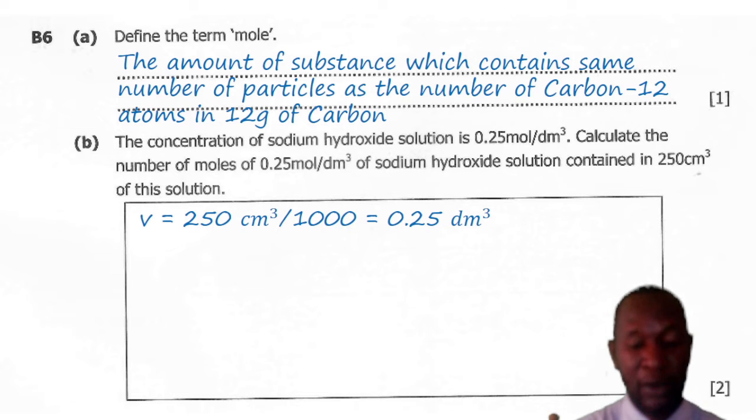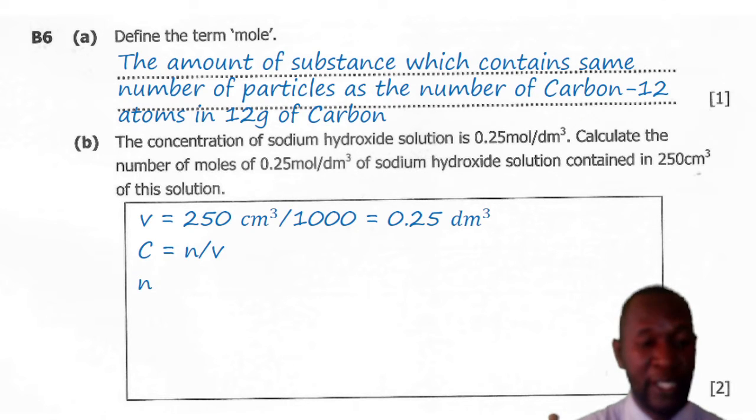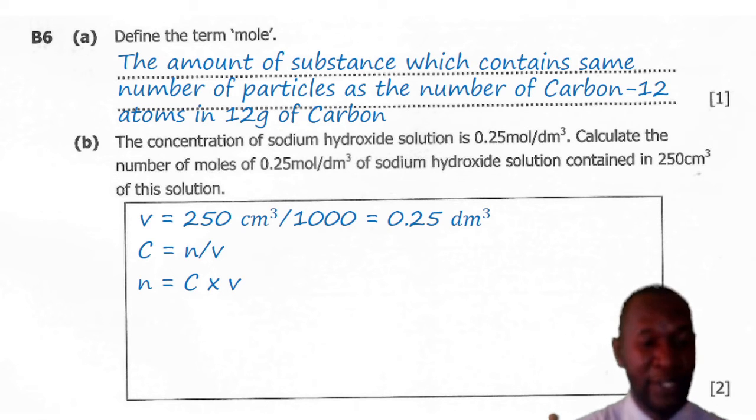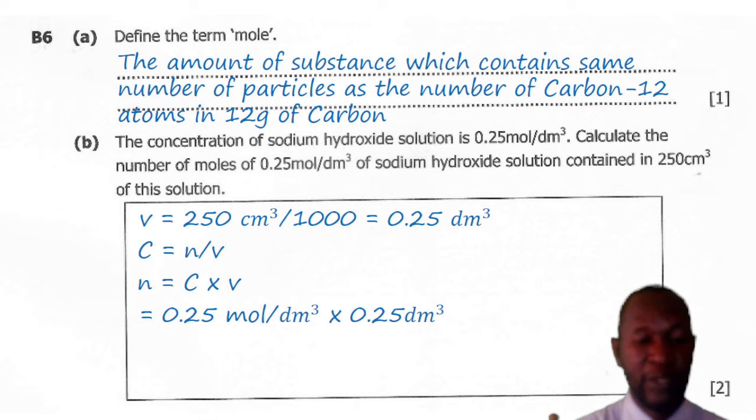Now, using our formula for concentration, concentration is equal to number of moles divided by the volume. So here we are calculating the number of moles, so we make moles the subject of the formula. Meaning that the number of moles will be equal to concentration multiplied by volume. So our concentration, we are given, is 0.25 moles per cubic decimeter, multiplied by the volume, which is 0.25 cubic decimeters.